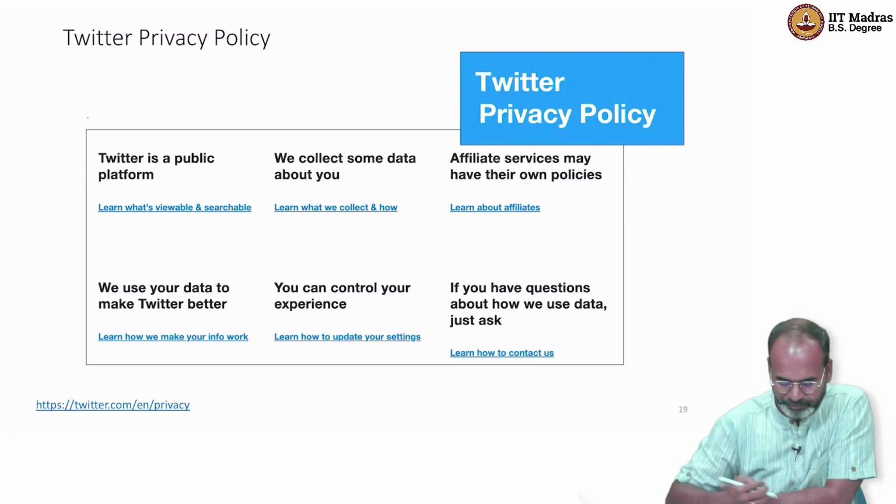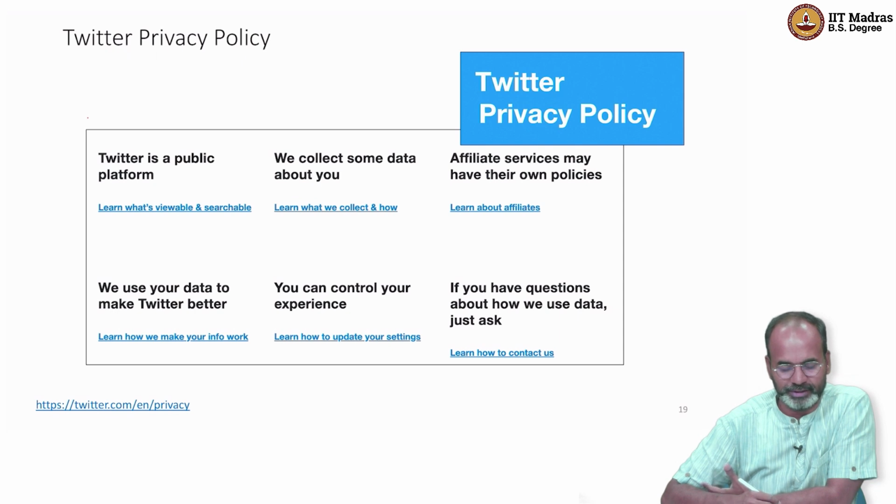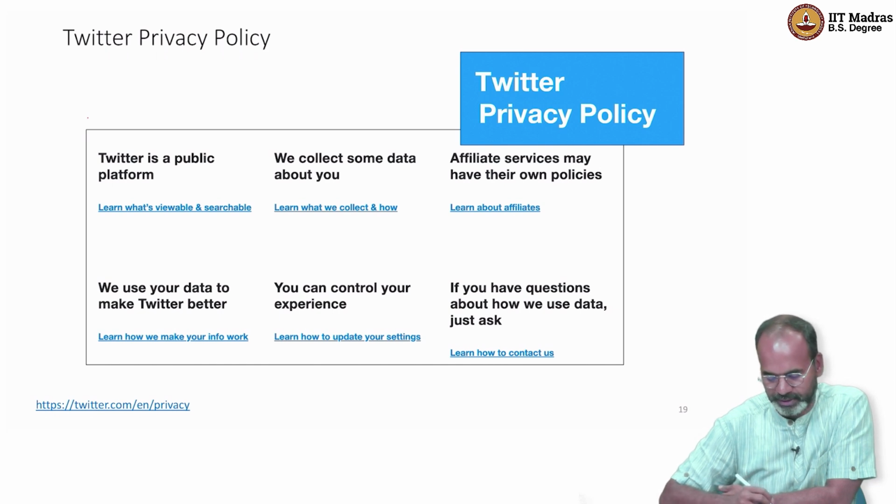Here is Facebook, here is Twitter. Facebook is definitely very, very exhaustive in terms of privacy. This one is Twitter. Twitter is a public platform. We collect some data about you. Affiliate services may have their own policies. We use your data to make Twitter better. You can control your experience. If you have questions about how to use the data, just ask.